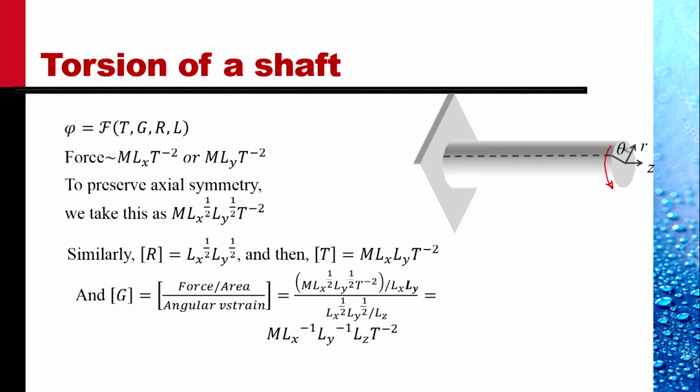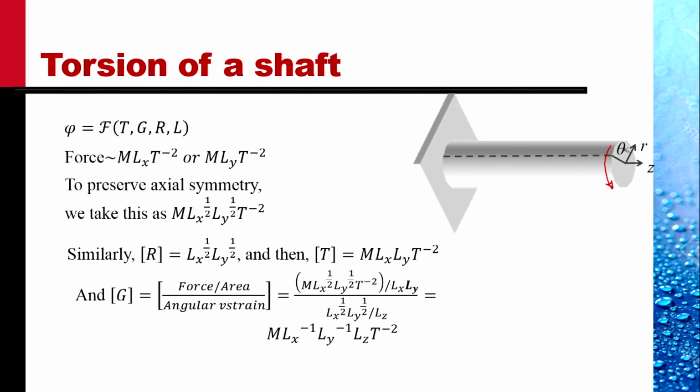the shear modulus, is shear force per unit area divided by the angular strain. Force, as we see, is M Lx raised to the power 1 half Ly raised to the power 1 half T raised to minus 2. The area is Lx Ly.